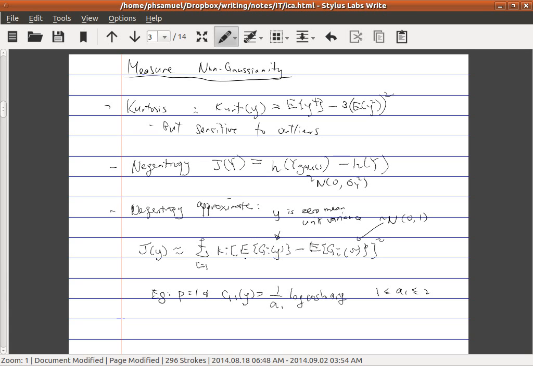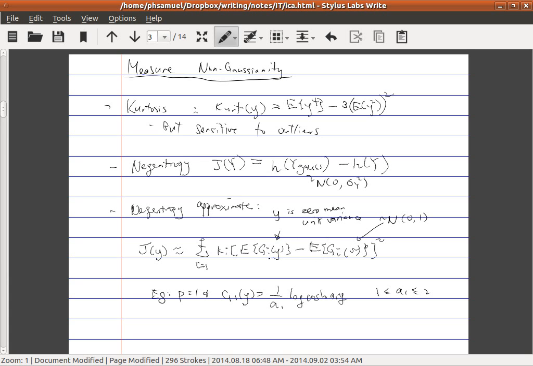What we are going to do is compute the difference between the expectation of G(y) and the expectation of G(nu), where nu is a Gaussian random variable with the same variance as y. Of course, if y is also Gaussian, then this difference will be equal to 0. In general, this will be non-zero.